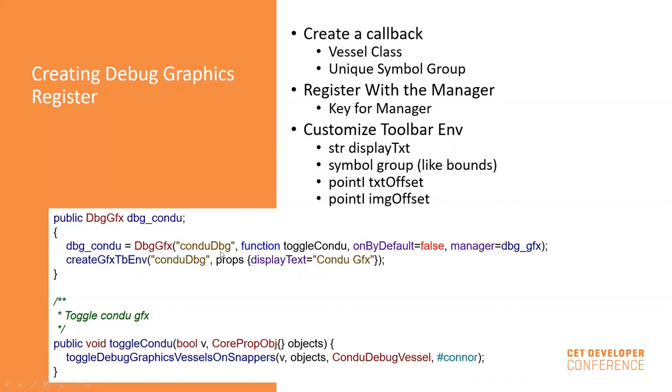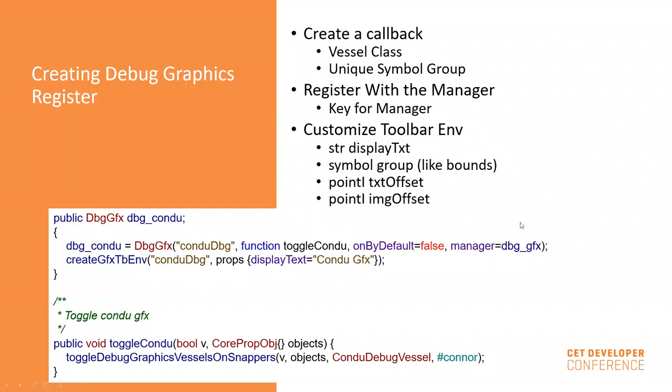If you want to modify the toolbar item, you're going to want to create a graphics toolbar env. And when you create this graphics toolbar env, you're going to use the same key that you registered your debug graphics with. So mine was condo debug, and then provide some props to go along with it. And so you have some options.